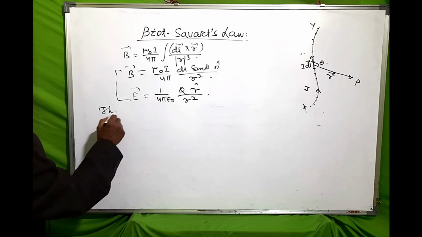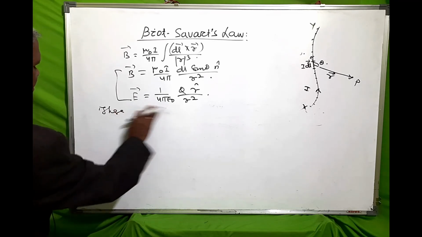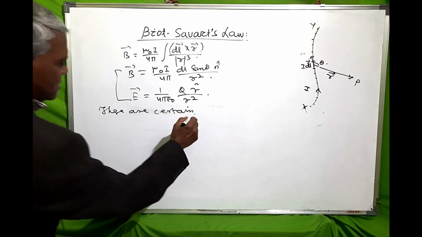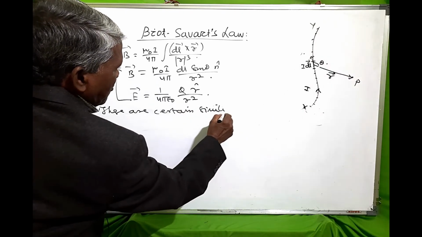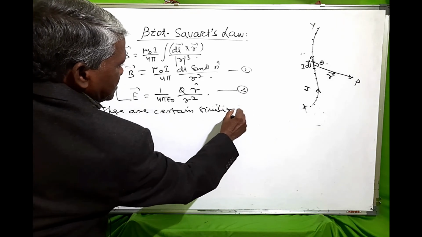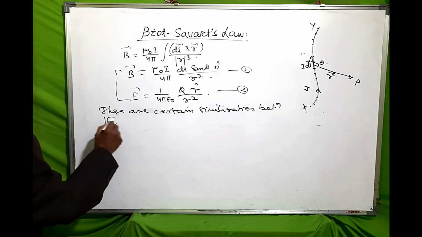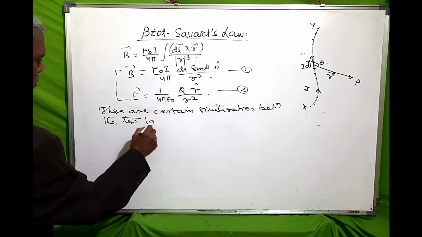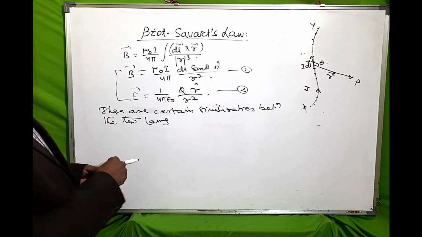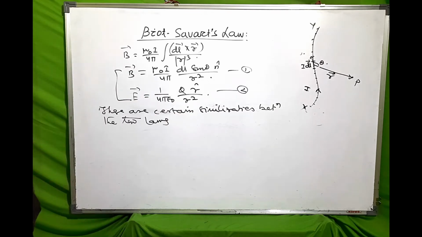There are certain similarities between the two laws: the magnetic field at a point due to a current element, and the electric field at a point due to a charge.